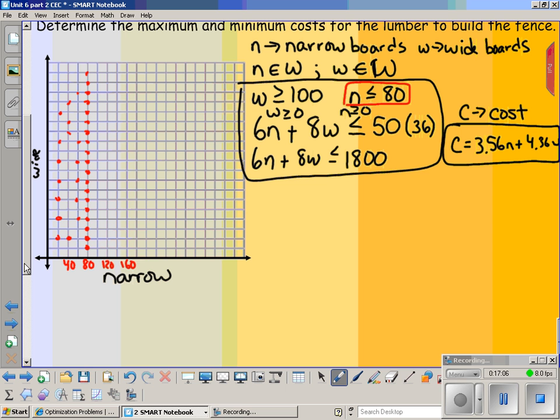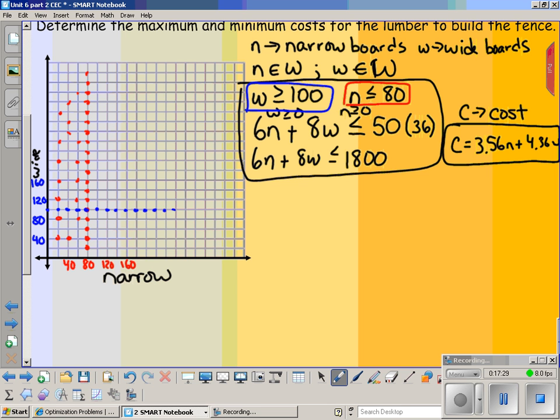Now we need to look at the wide. The wide has to be larger or equal to 100. So again, if I'm going up by 20s, we are looking at the 100. We have our stippled line.